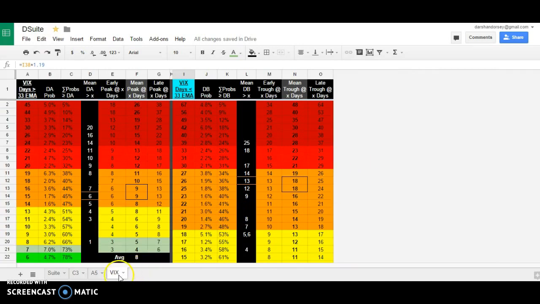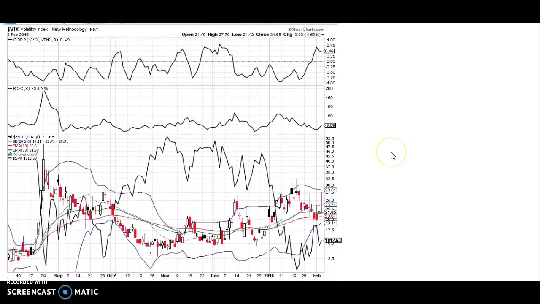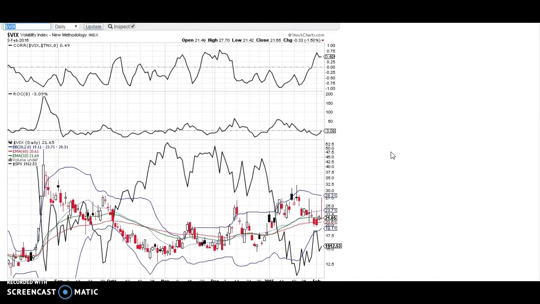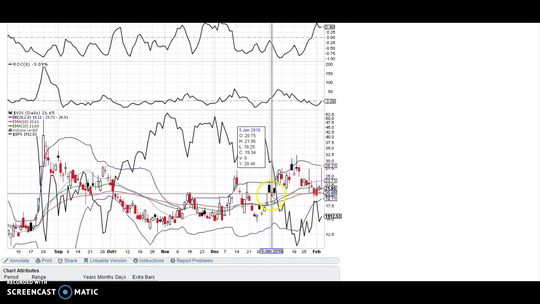And we conclude with our VIX radar here on the far right tab. This is basically a probability map based on sequential VIX runs. So say you look at a chart of the VIX, the volatility index for S&P 500 option buying, and right now you can see we're in a nice uptrend here.